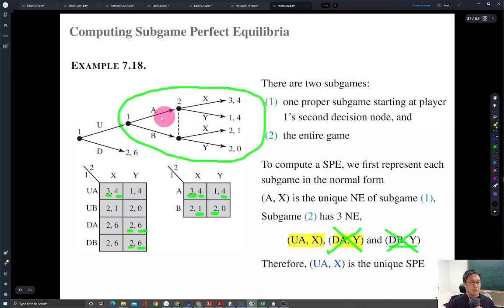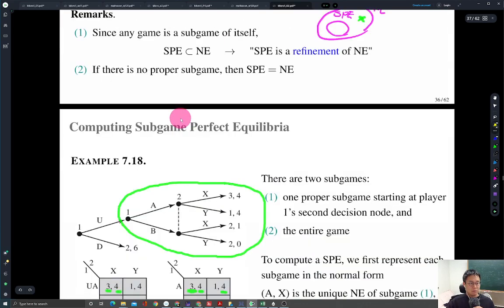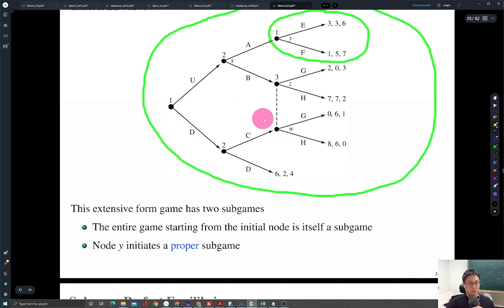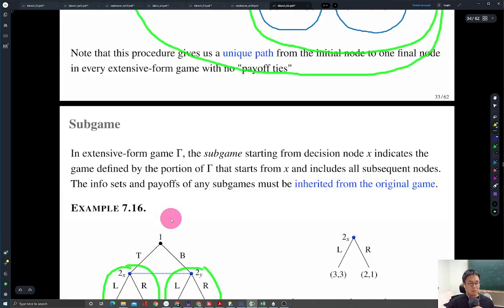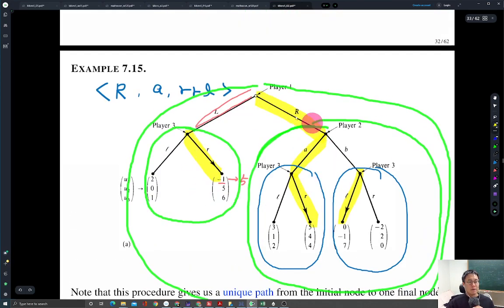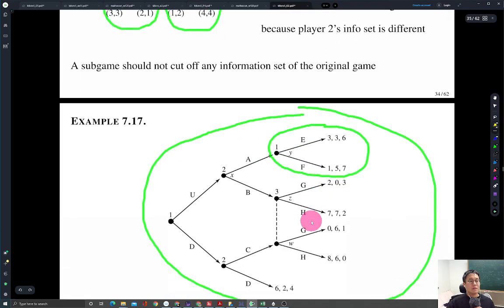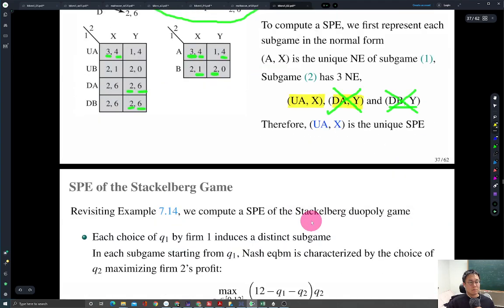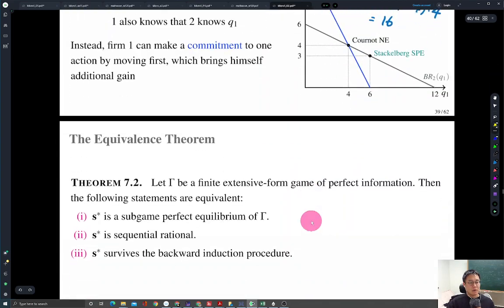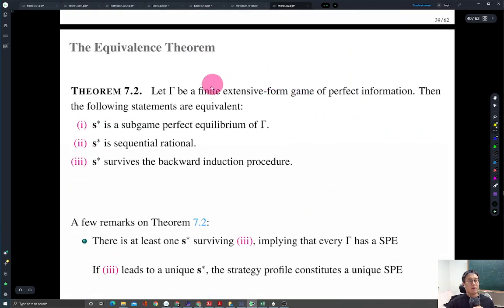So this is a game of imperfect information, but this is a game of perfect information. In a finite extensive form game of perfect information, we have a finite number of players, and each player has a finite number of actions.